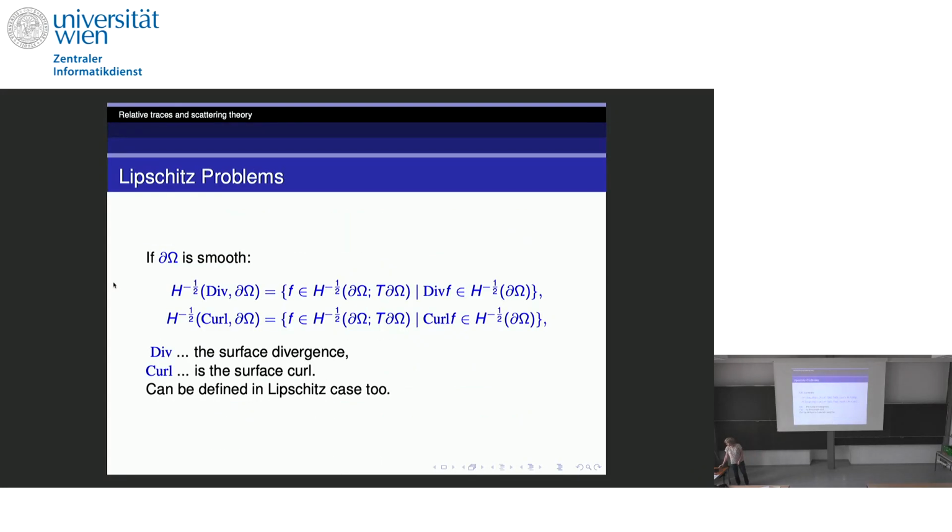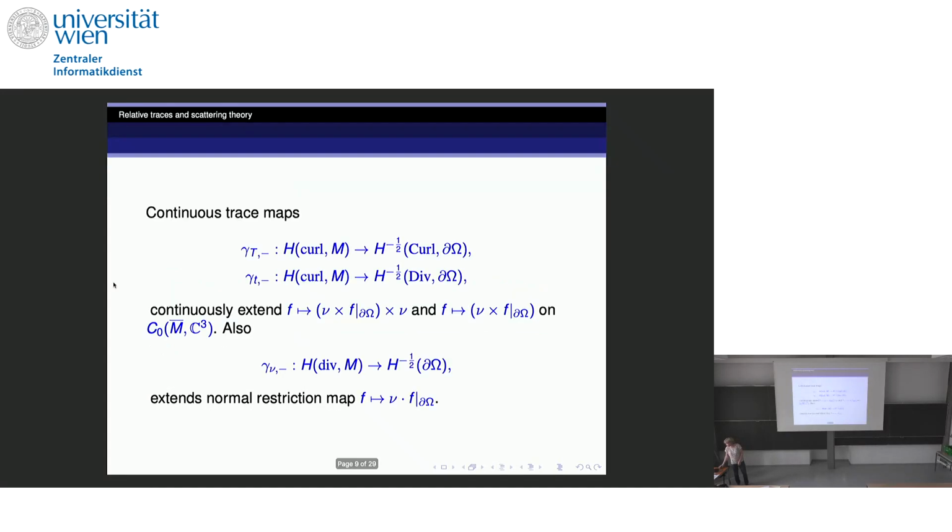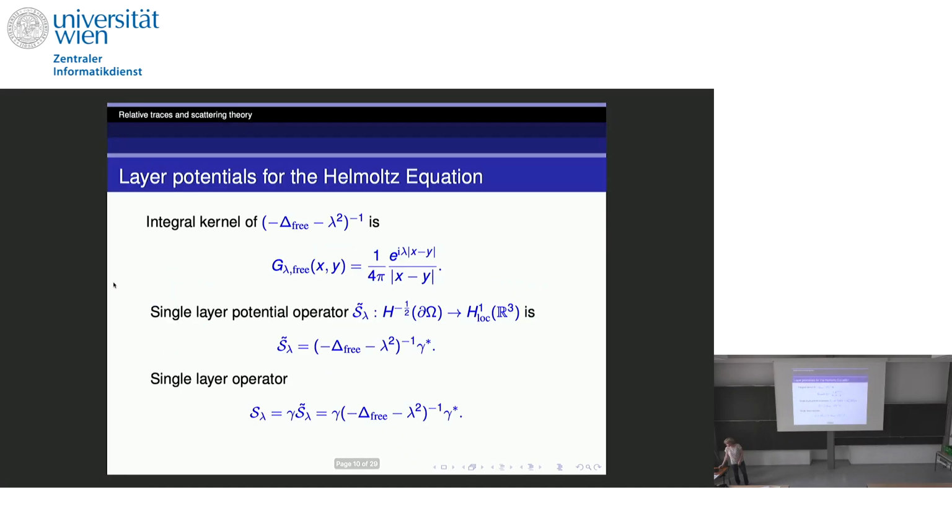All right. So again, you have these spaces where certain directions have a limited regularity. We can define them, we can extend them to the Lipschitz case. And these spaces were really set out for us by Buffa and Hiptmair.